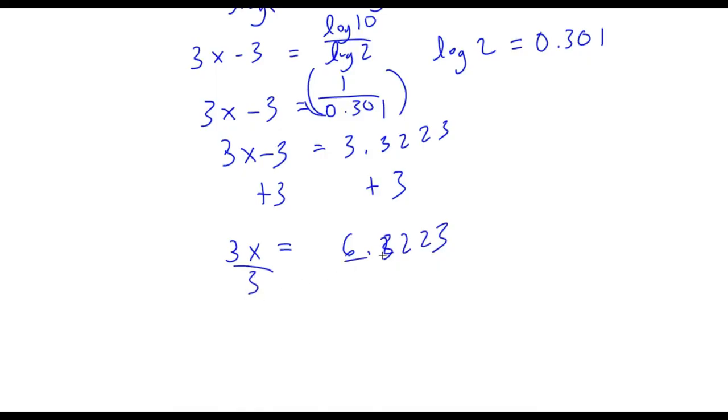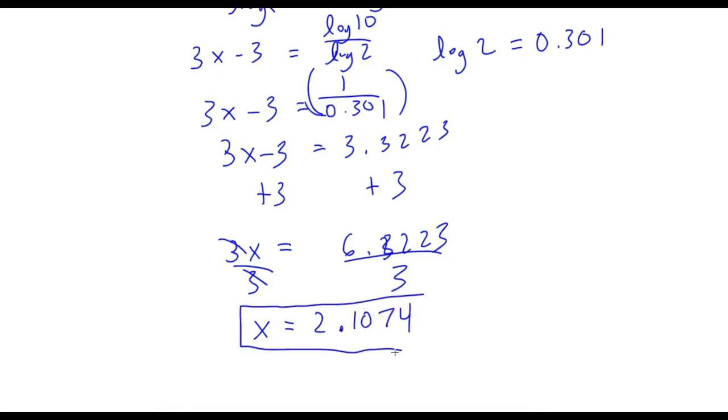Now I can divide both sides by 3 because we want to isolate x. These two would cancel out, and I would be left with x is equal to 6.3223 divided by 3, which is approximately 2.1074. So x is equal to 2.1074.